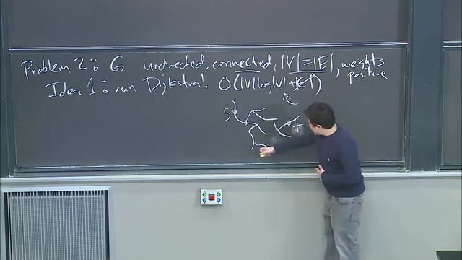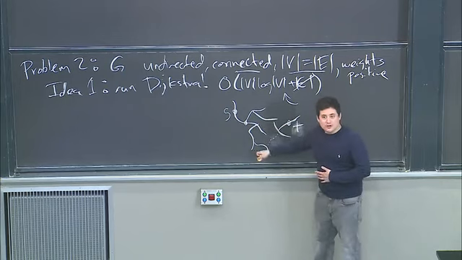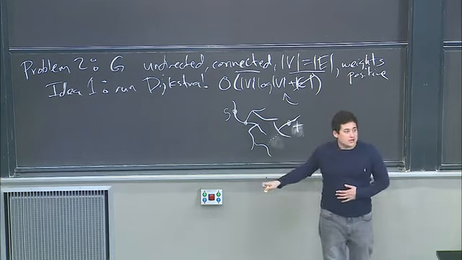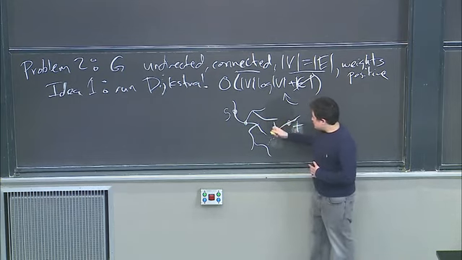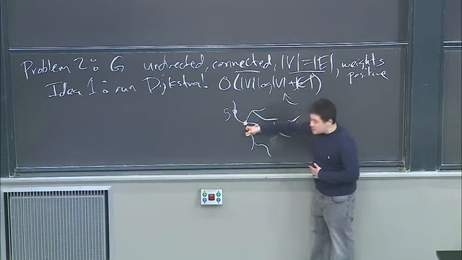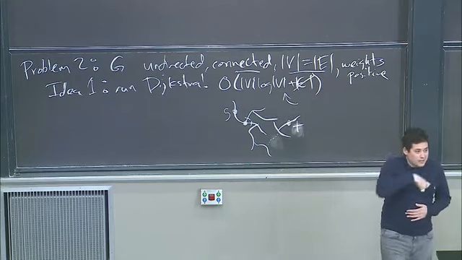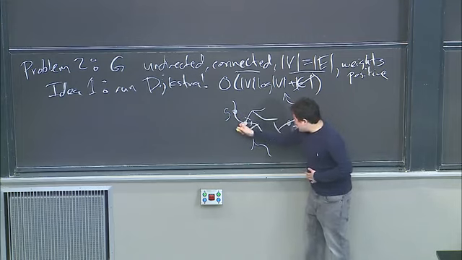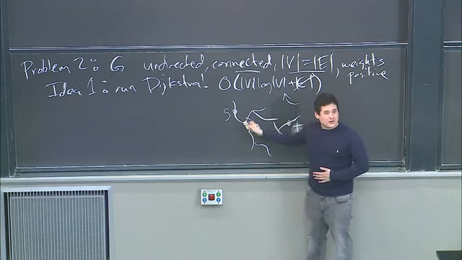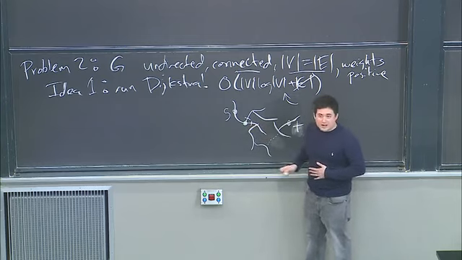But this path and this path are completely edge disjoint, right? In other words, any simple path from S to T, if I find this vertex going through here, can only use one of these edges, right? Because I can't come back to this vertex. Once I go into it here, I got to go out one direction, and I can't come back. So it's only one of these two edges.